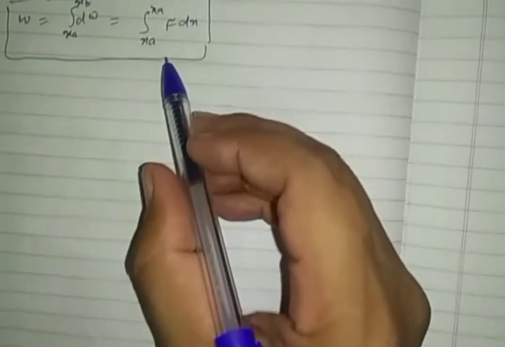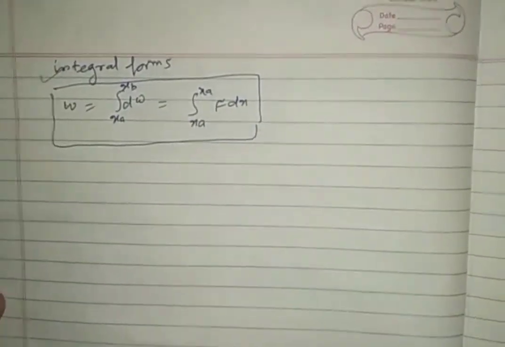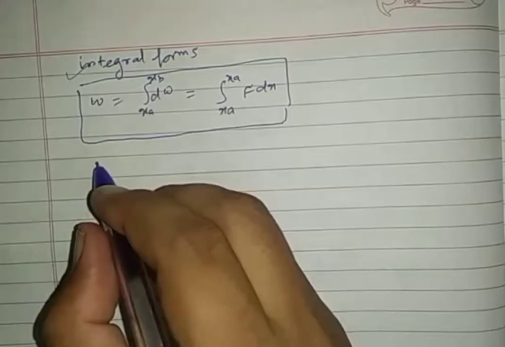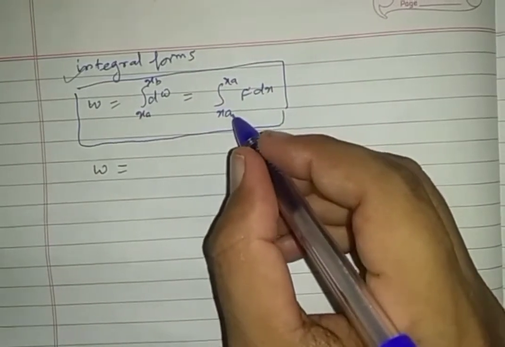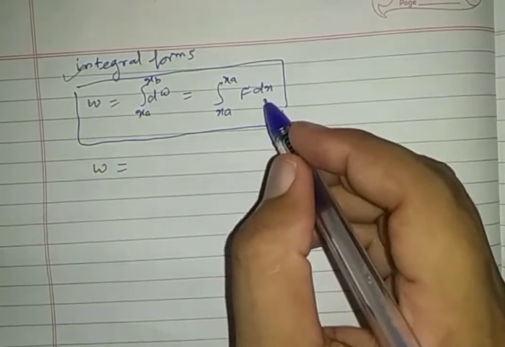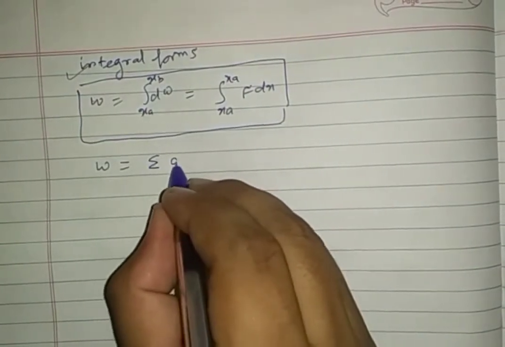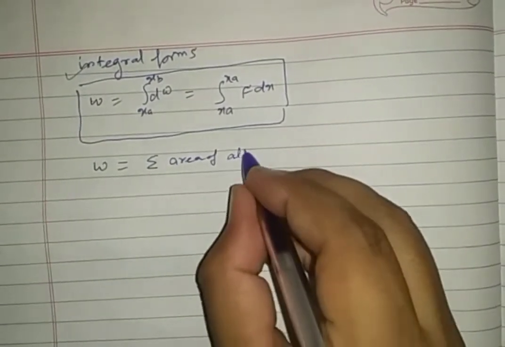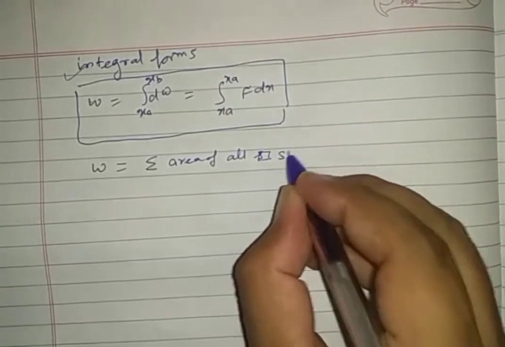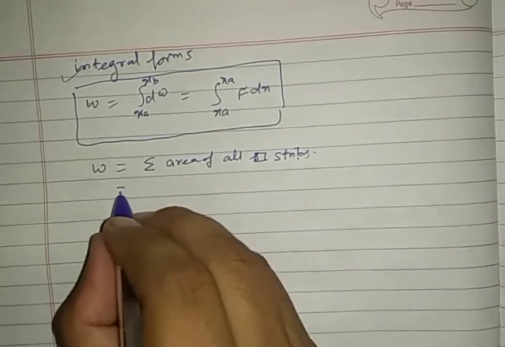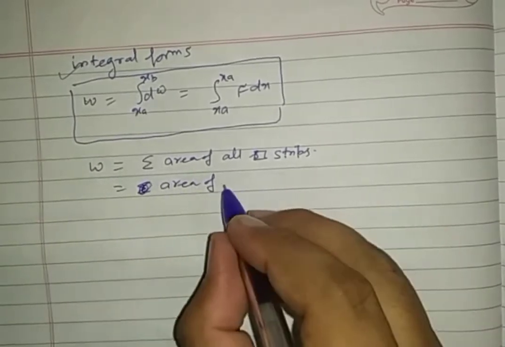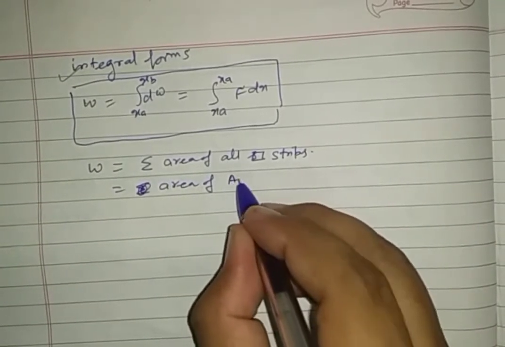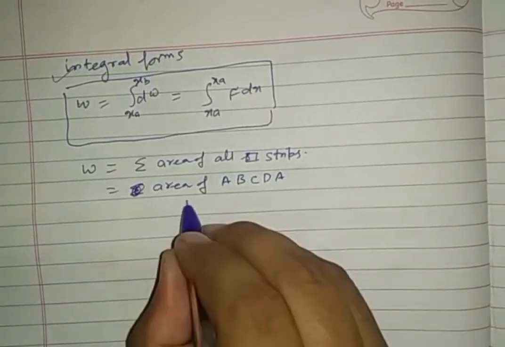So this is the formula to calculate the work done by applying a variable force. This work done, the integral from XA to XB of F dx, is also the summation of the areas of all rectangular strips, that is equal to the area of ABCDA.